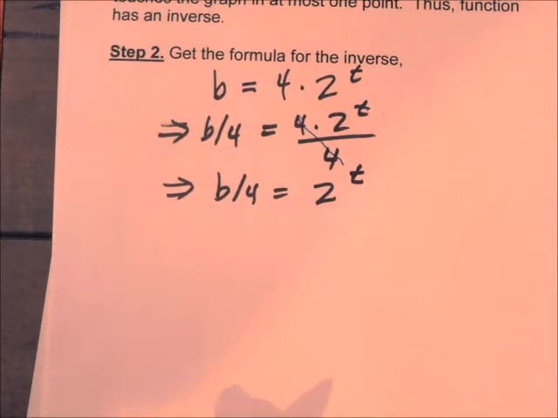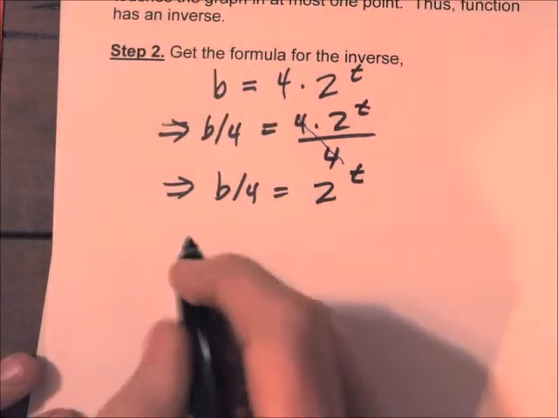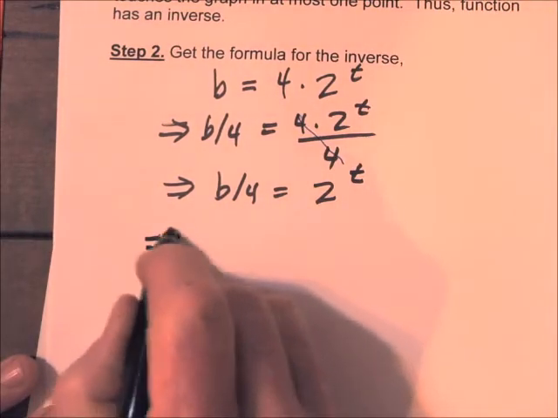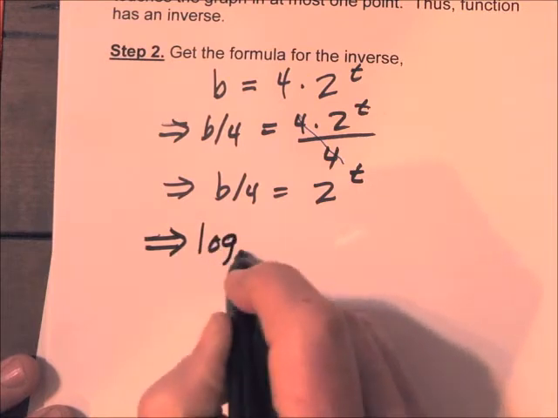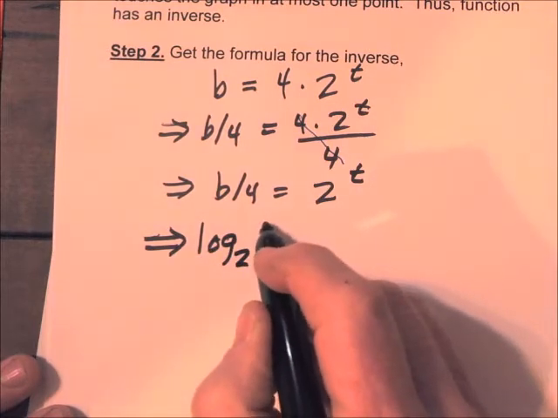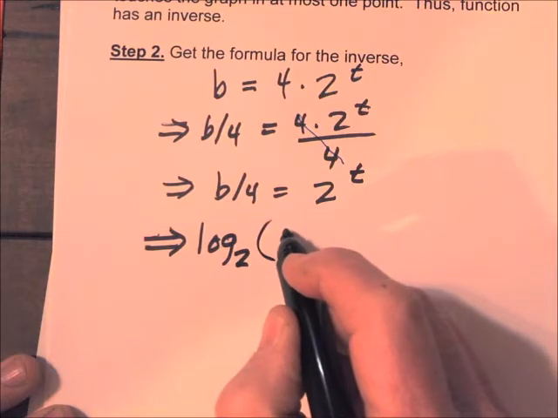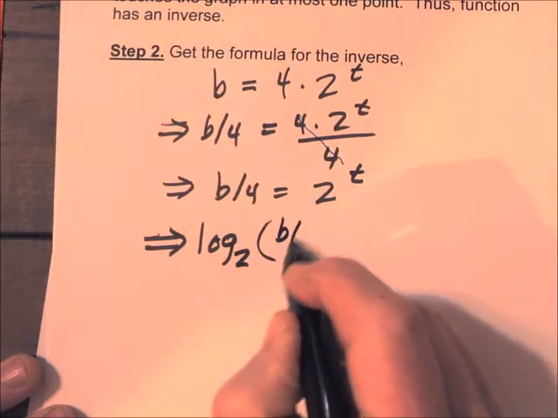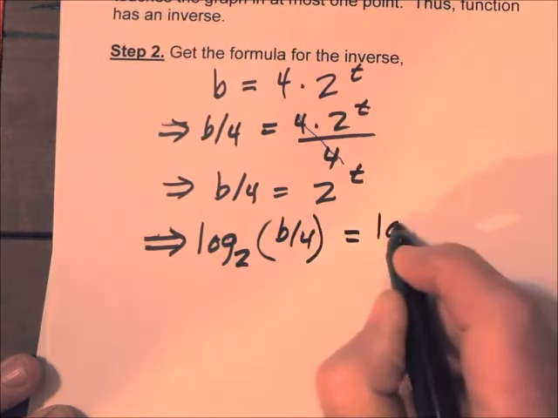But we know that there is an inverse function, and we're going to call that inverse function log base 2. So what we want to do is take log base 2 of both sides. That's the inverse function of the exponent base 2 function.